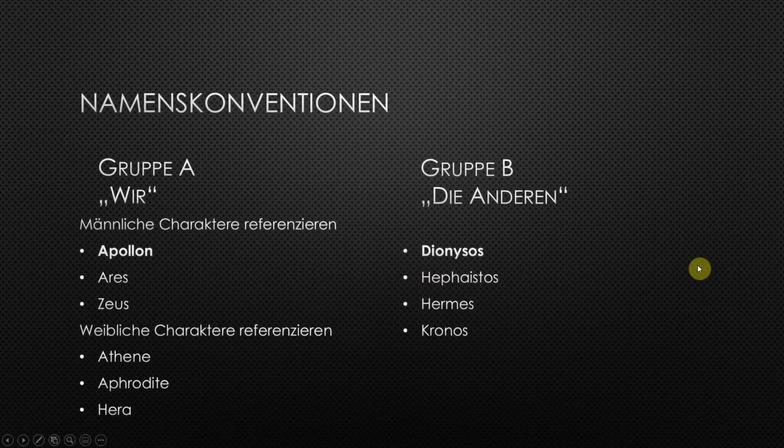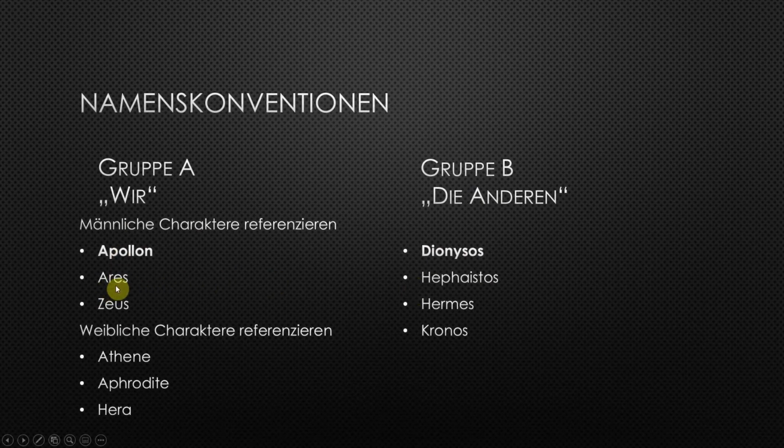And so there's some conventions which help you identify the figures which represent us or the other. So there's often references to mythical figures from Greek myths or Roman myths. So there's the god Apollon, which is a figure representing us, and Dionysus is representing the other.